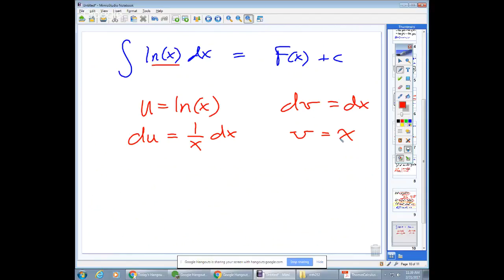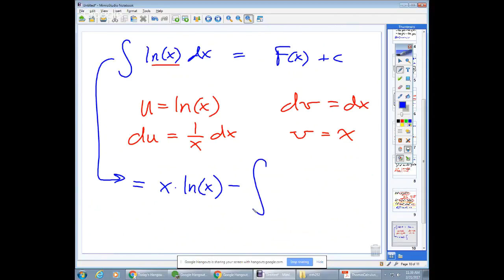Now, with that in mind, we're going to get that this is equal to u times v. I'm going to write it as x natural log of x minus the integral of v du. Let's see, v is x, du is 1 over x dx.